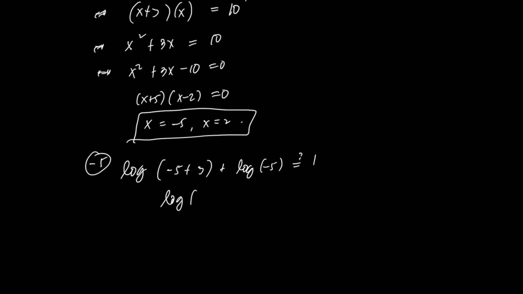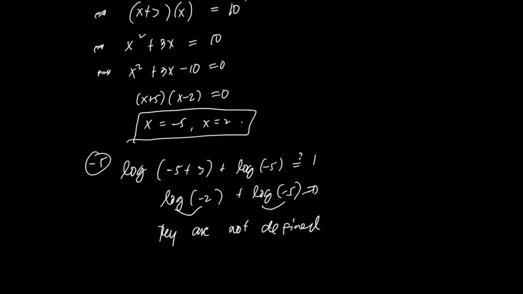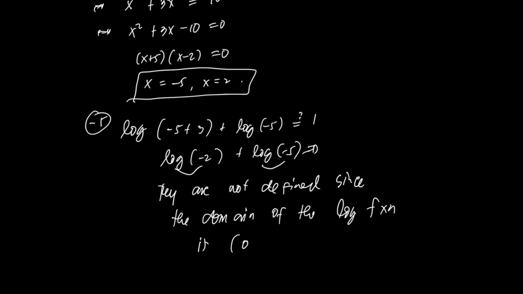Take note, this is log of negative 2 plus log of negative 5. The log of negative 2 and the log of negative 5 are not defined, since the domain of the log function is 0 to positive infinity.